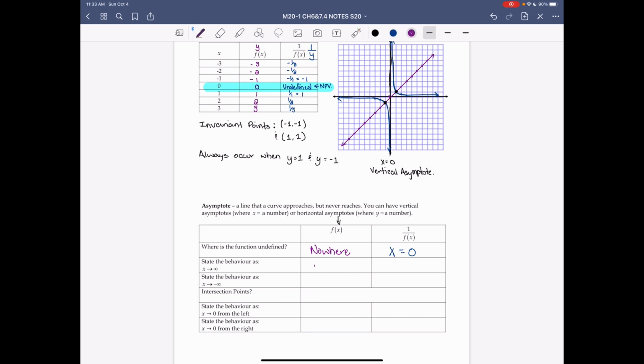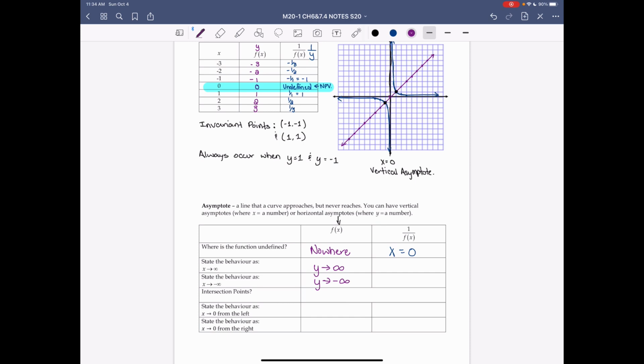Y is also going to go to infinity. Next one, state the behavior as x approaches -infinity. So we'll continue looking at the original function for now. As x continues going this direction, this line is going to continue to go down and to the left. So as x goes to -infinity, y is also going to go to -infinity.